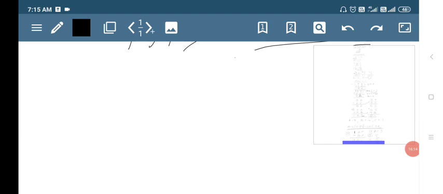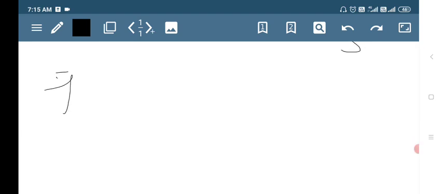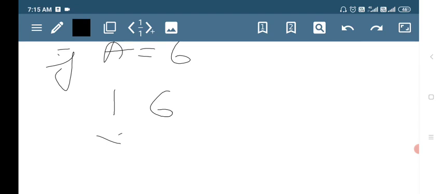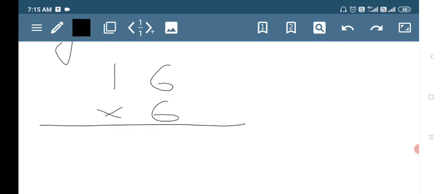So, now if the value of A is equal to 6, then the question becomes 16 into 6. 6 6s are 36, 6 carry 3, 6 ones are 6 plus 3 is 9.